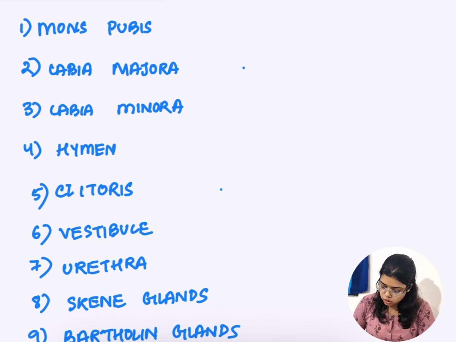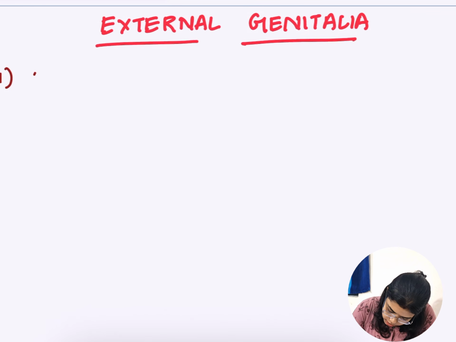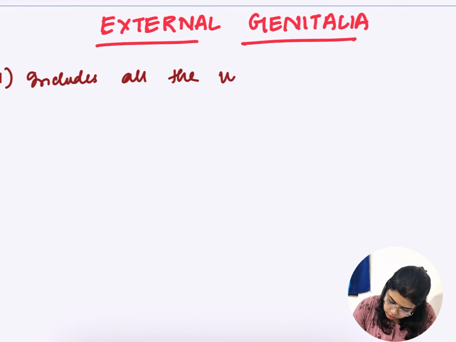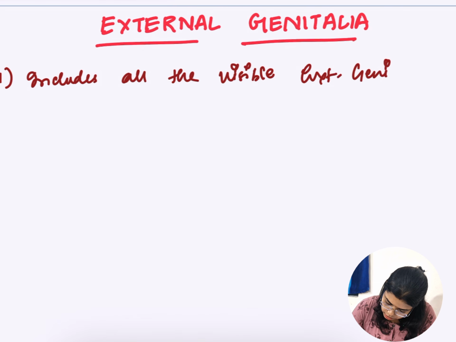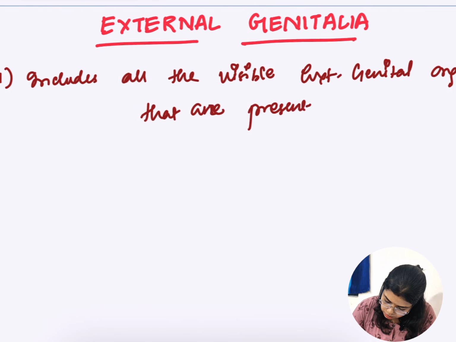Okay, so first coming to external genitalia, let's write something about it. External genitalia includes all the visible external genital organs that are present in perineum.